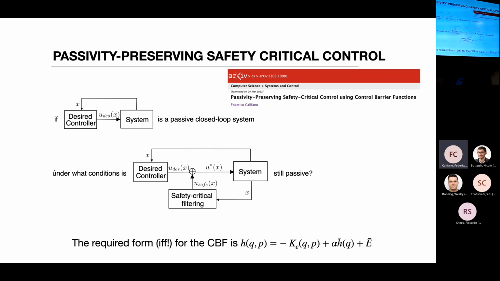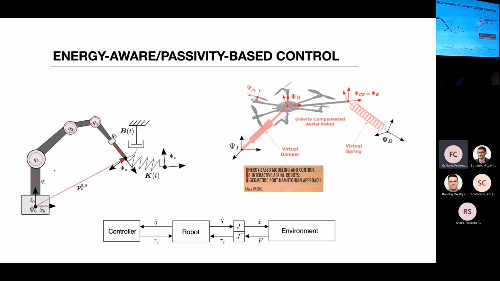It turns out that the CBFs that I'm allowed to use are a generalization of the CBFs which are used for this funny trick of solving the relative degree problem. And okay, in general, they encode the logic of, for example, these virtual dampers.